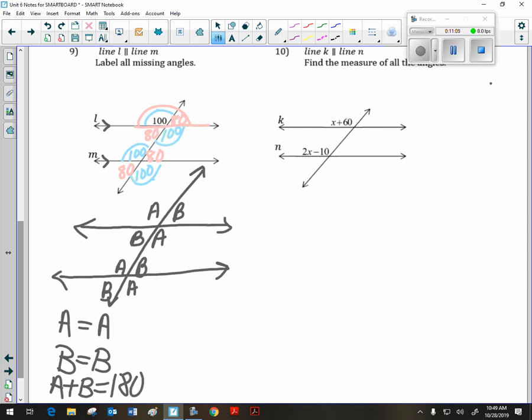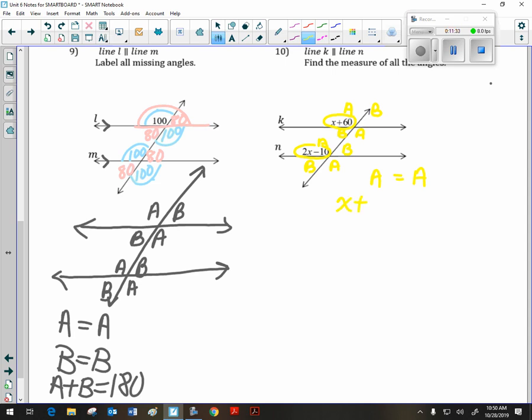If we use the little AB pattern in question number 10, if we fill in the AB, this is A, B, A, B, A, B, A, B, and I see that I'm looking at two angles that both have A's on them. A's are equal. Anything that's an A, all the other A's are equal to it.